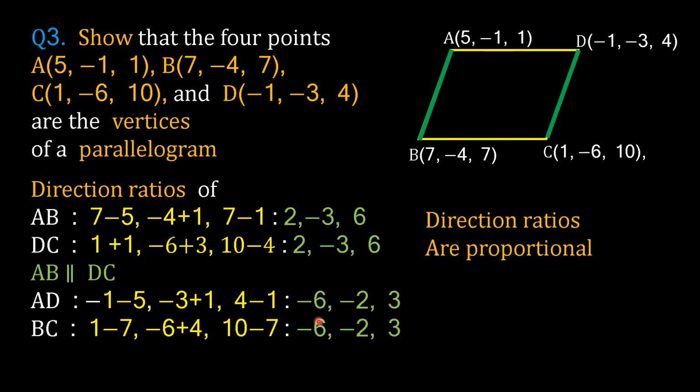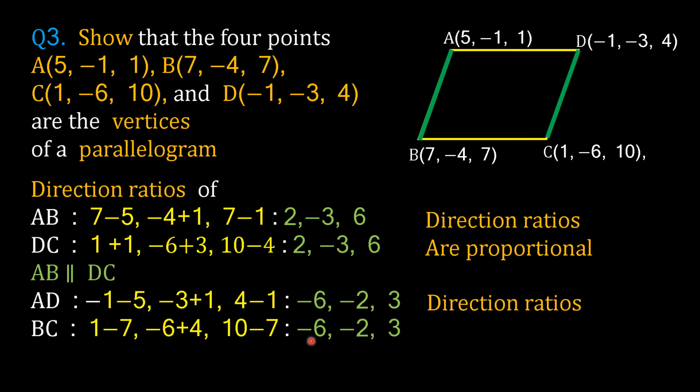That gives us -6, -2, 3. Direction ratios of BC will be 1, -7, -6 plus 4, 10, -7.